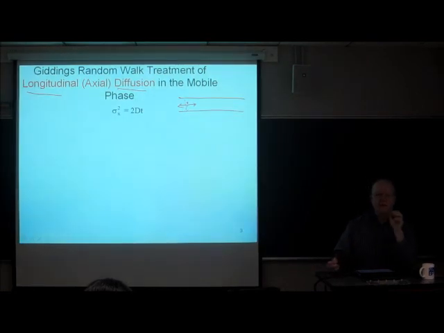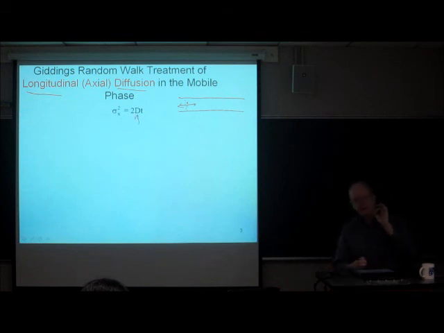The width, the sigma of the zone of solutes, if we have their diffusion coefficient, and if we know the amount of time that they're undergoing diffusion, then we can calculate the sigma of the zone. We take the sigma of the zone and convert it to an HETP by taking the sigma squared, divide by L. That's the HETP for this process.